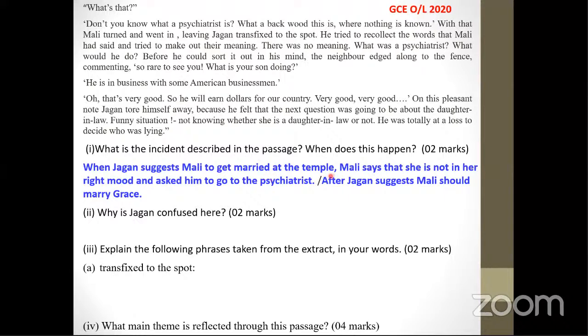And Mali says that she is not in the right mood and asks him to go to a psychiatrist. Who is she here? Grace. Because Grace has spoken to Jagan and she speaks there.